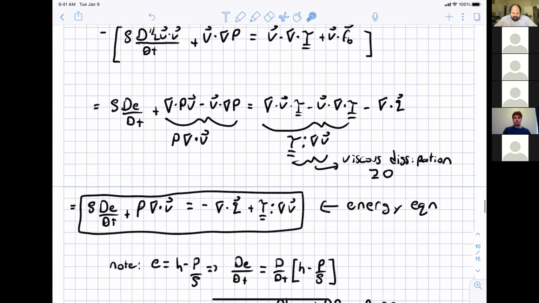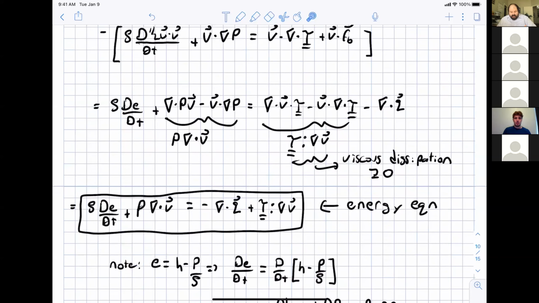Okay, and so basically using that, we have derived the energy equation. It's no longer the total energy. It does not include kinetic energy anymore. And sometimes they'll just write the energy equation. They will not tell you exactly what form they are looking at.